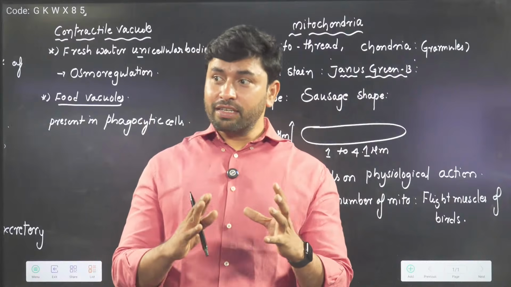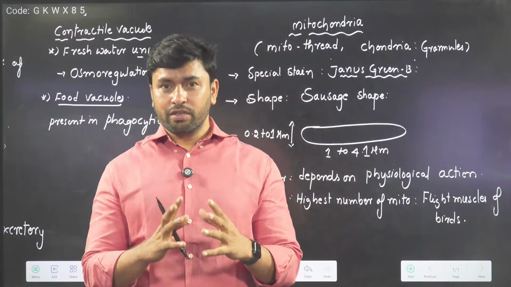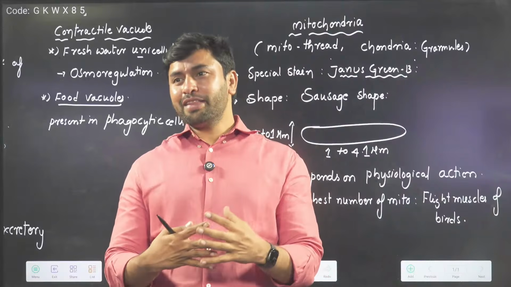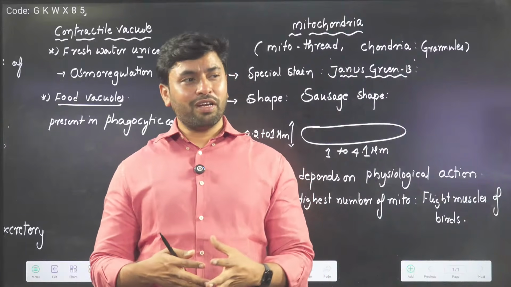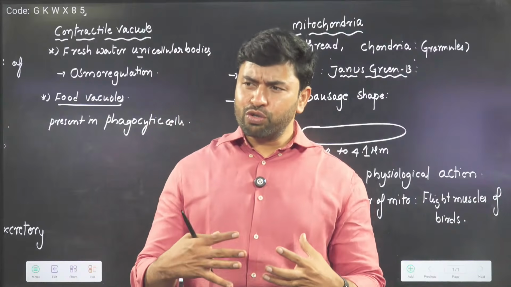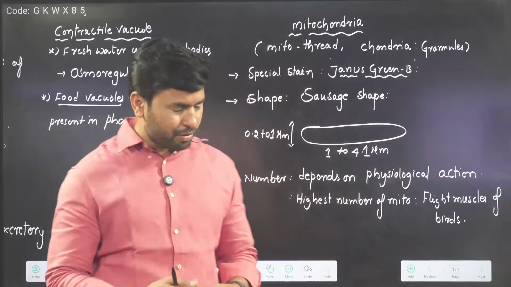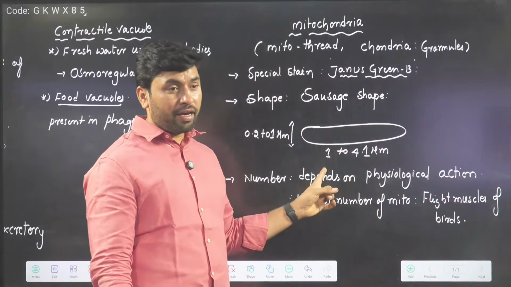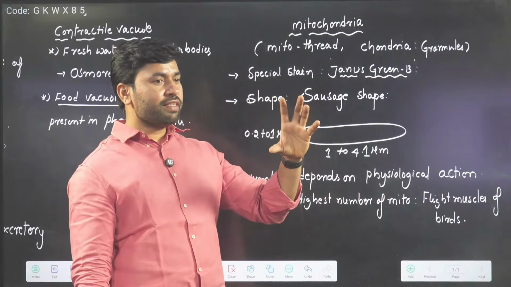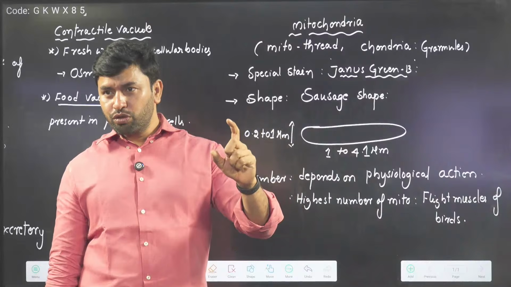To maintain that much heart rate, think about how many mitochondria it must have to supply that huge quantity of energy. So the number of mitochondria per cell depends on the physiological action the cell can perform.